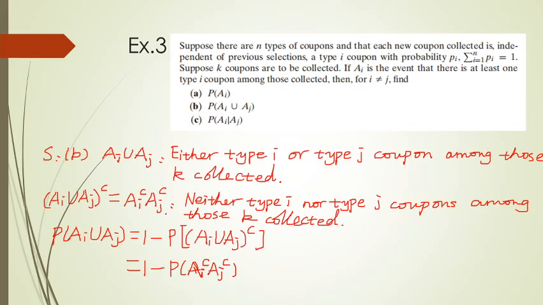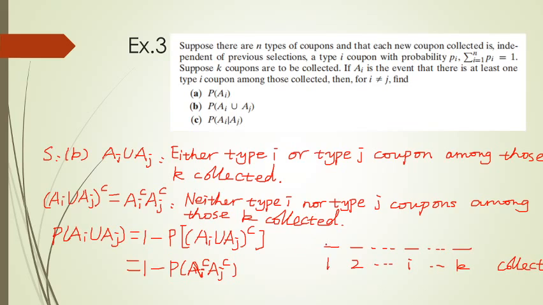Now AI's complement and AJ's complement means neither type I nor type J coupons among those K collected. Now we still have those K coupons to collect. So first one, second one, and then the K collected.